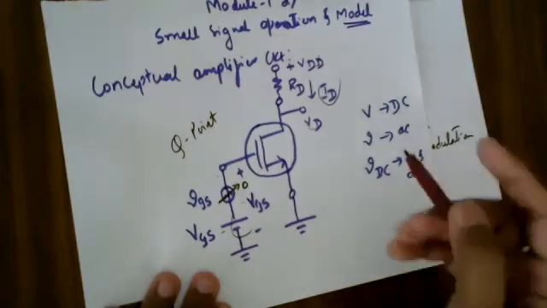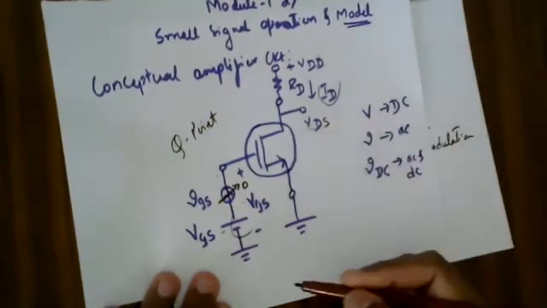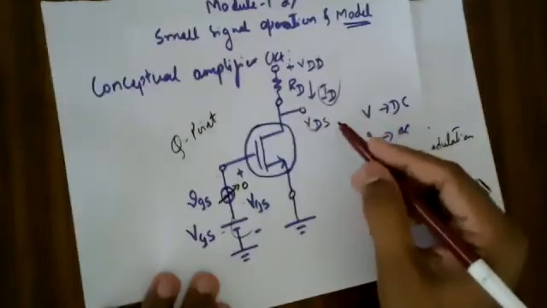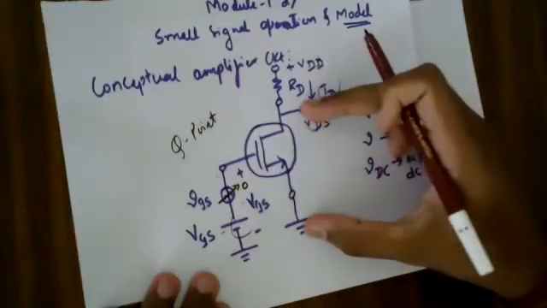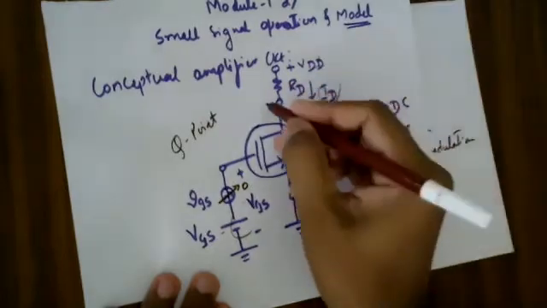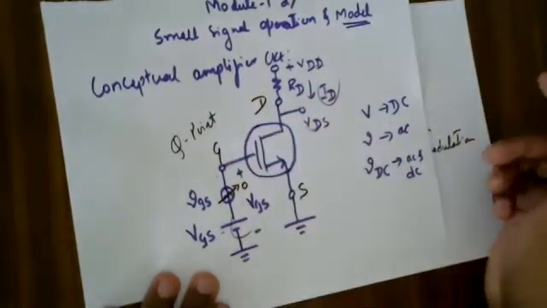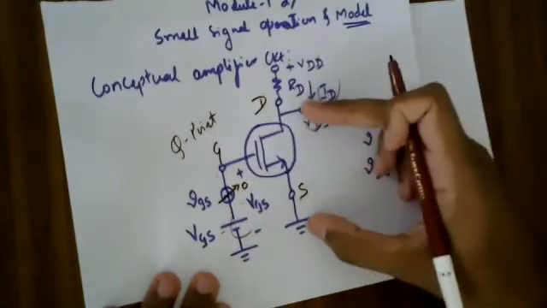Now I want to know what this VDS is. You can call it VD, the node potential, or even VDS, the potential between drain and source. So this is your drain terminal, your source terminal, and this is your gate terminal. This potential you want to know.